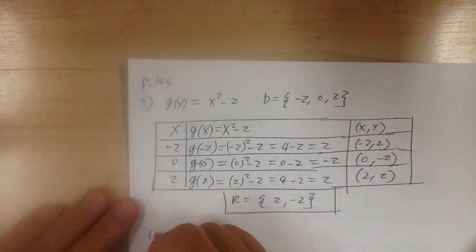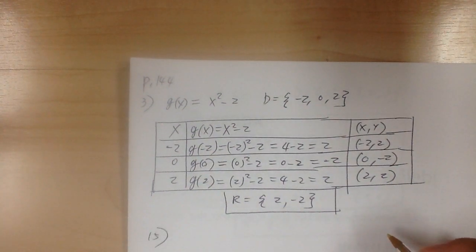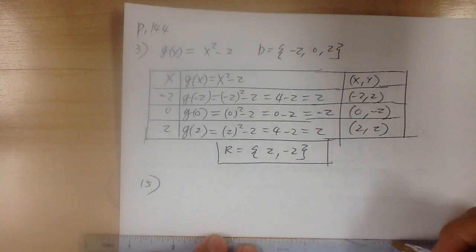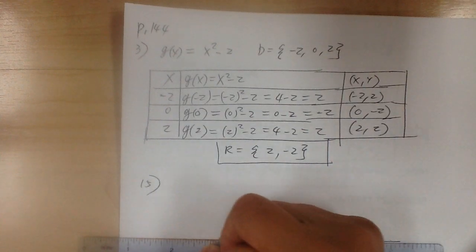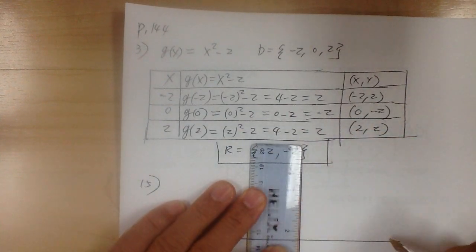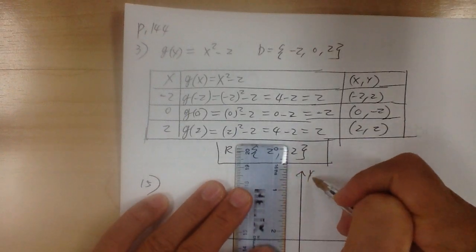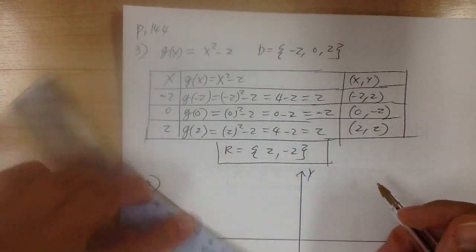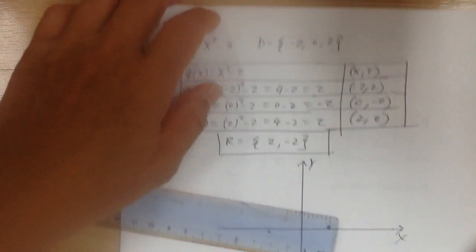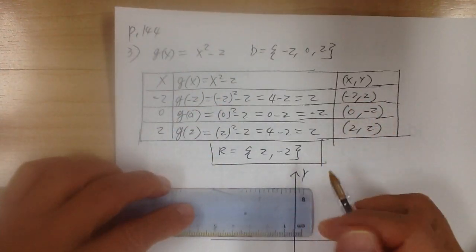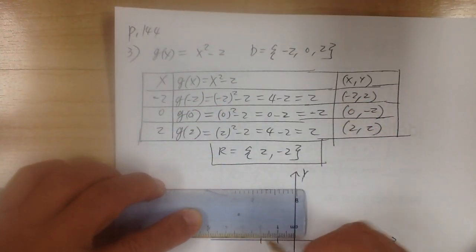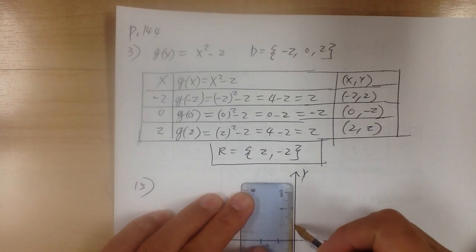Okay, next one, let's go and grab number 15. Okay, so the first point is -2, +2, so it'd be -2 and +2.